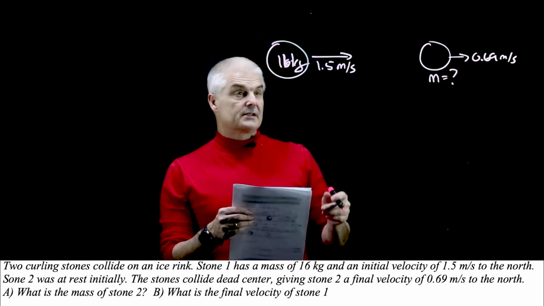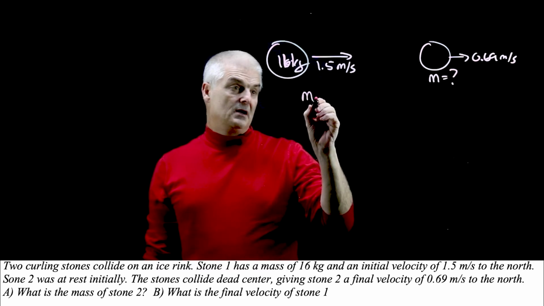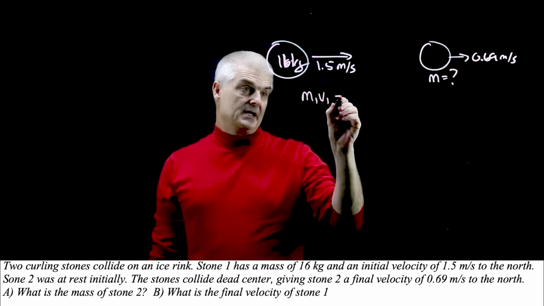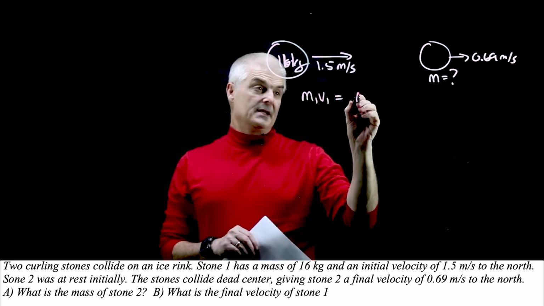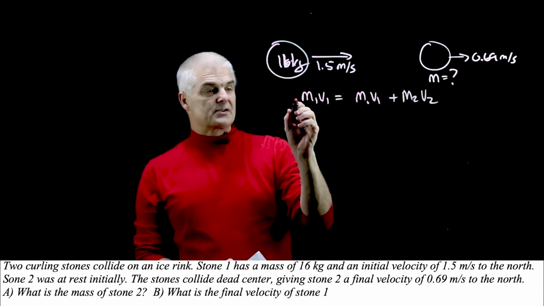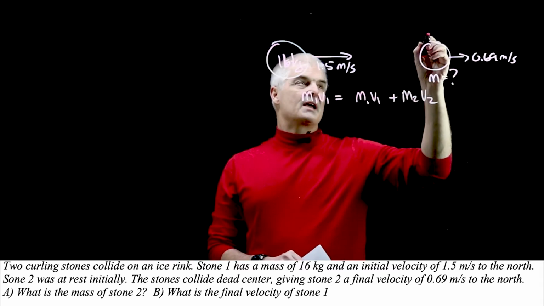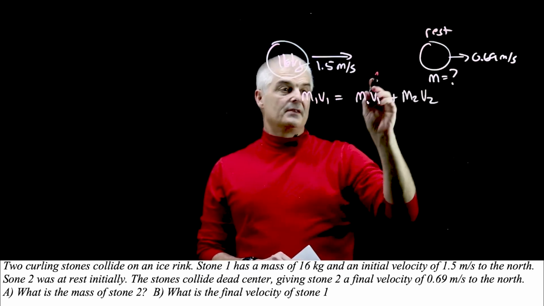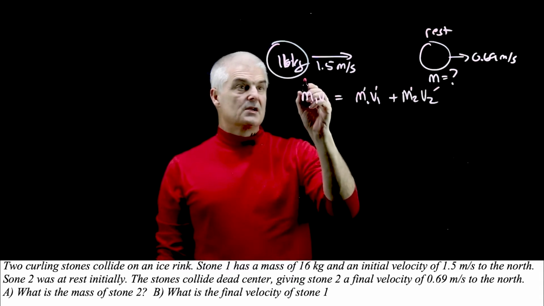So let's do it. We're going to say m1v1 equals m1v1 prime plus m2v2 prime. Now I could also include m2v2 on the initial side, but since that stone is at rest, that term is 0. These are the prime or the second conditions. So let's plug in some numbers.